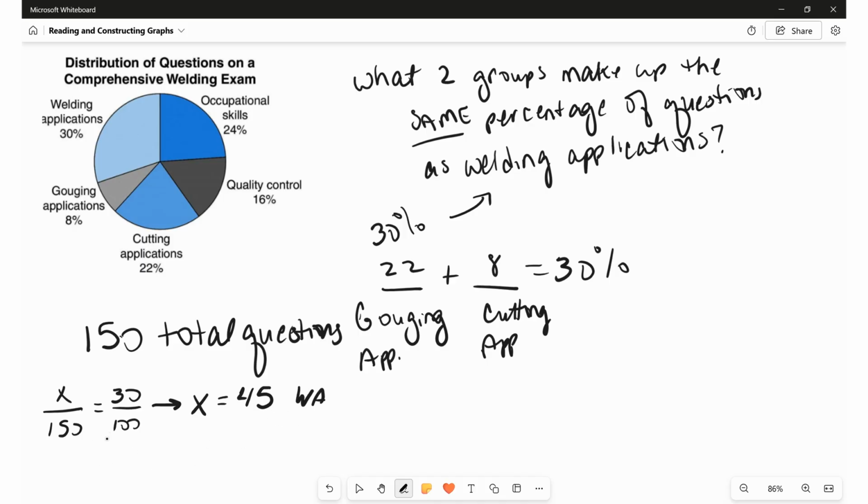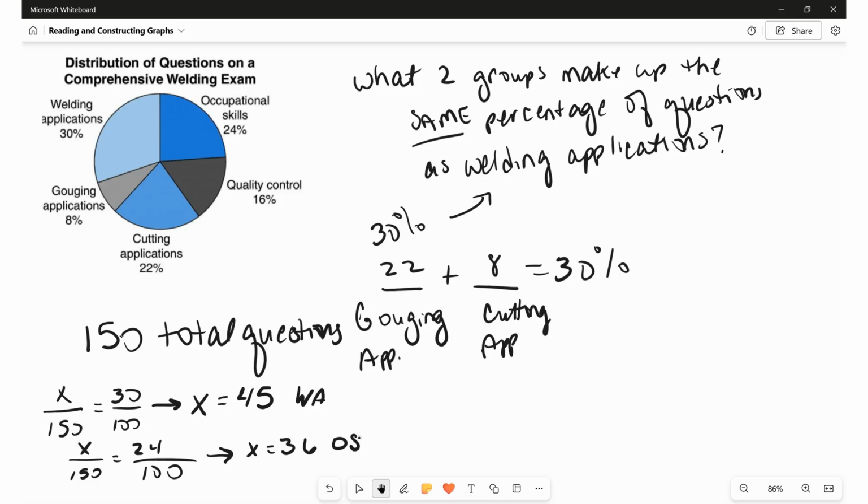Okay. How about for the occupational skills? Well, x over 150 is going to be 24 over 100. And that means the x is going to be 36. There's going to be 36 occupational skills questions.